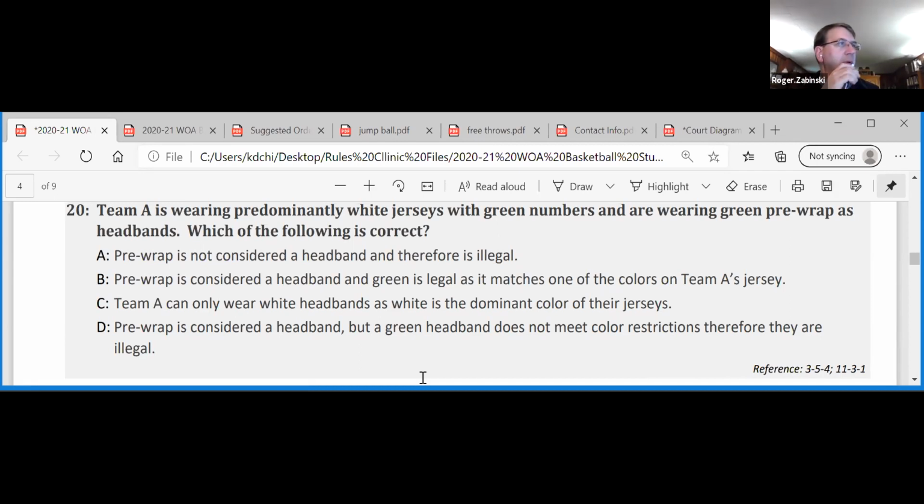Okay, so you can wear a headband that's white, black, beige, or the predominant color of the jersey. In this case, the predominant color is white, so he can wear white, black, or beige. So it's C.